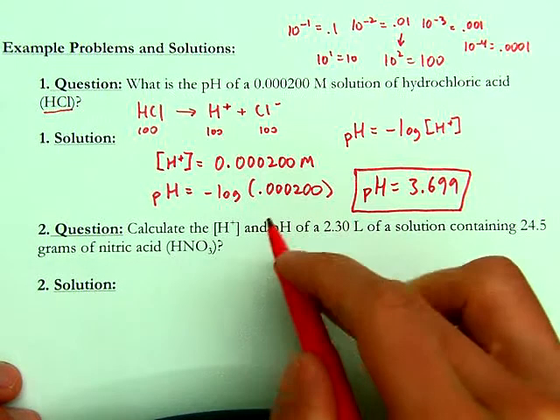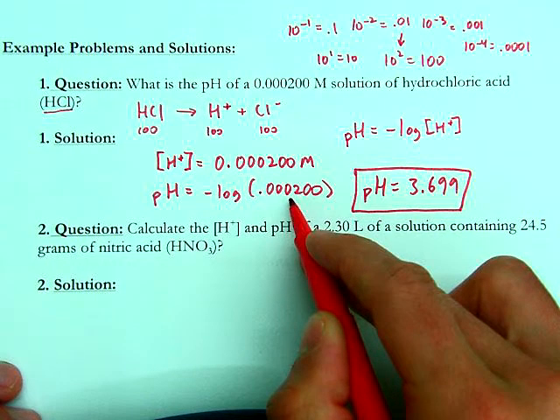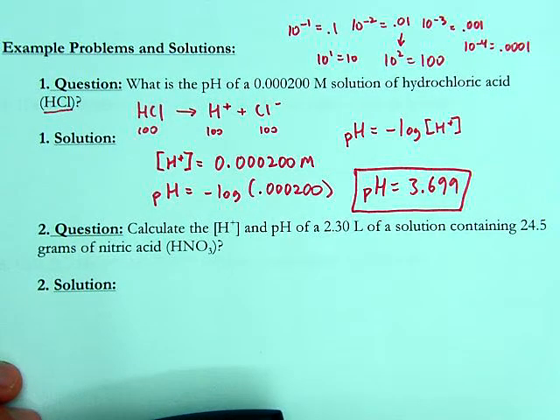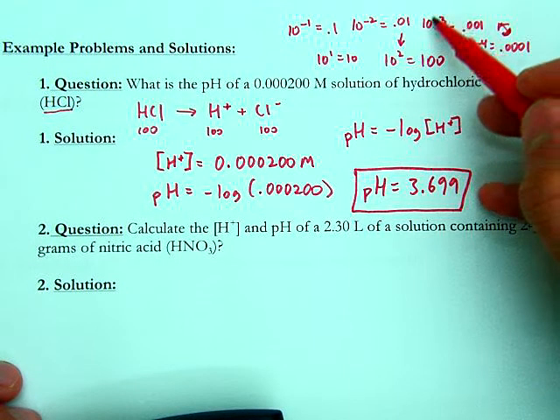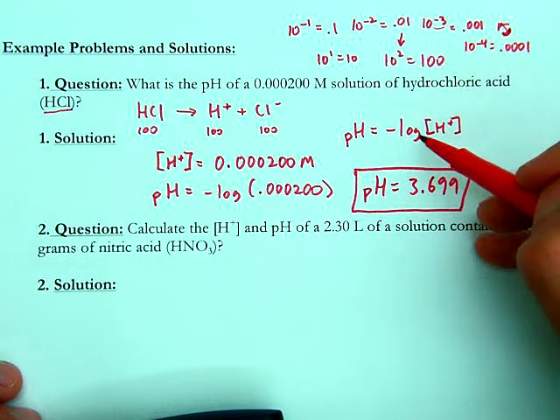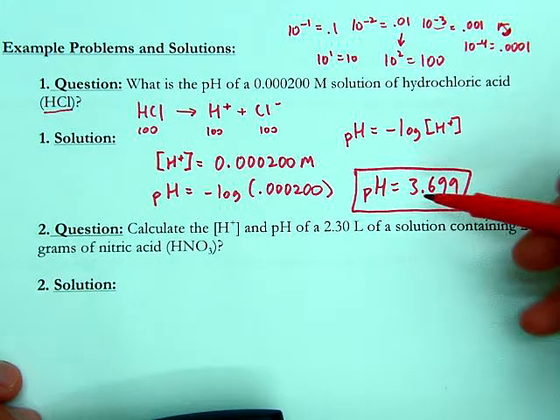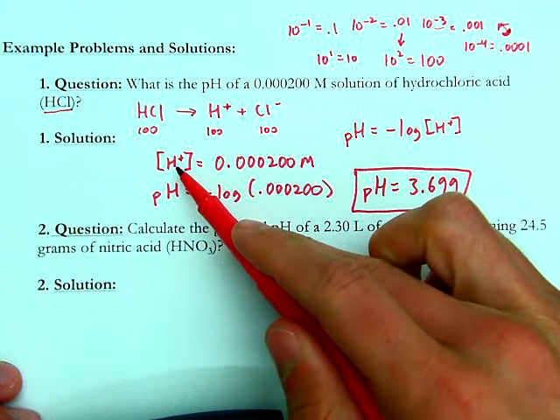Now, this number is in between these two, right? And so that means our log is going to be somewhere between negative 3 and negative 4, but because we're taking the negative log of it, the sign is flipped. So this does make sense. So to solve this problem, pH is just the negative log of the concentration of H.